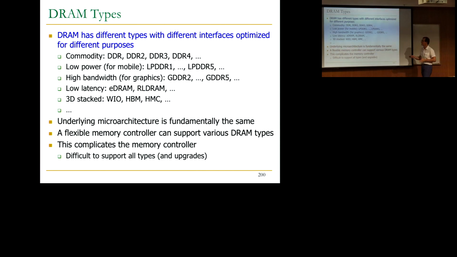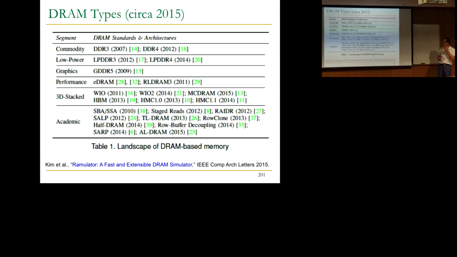Well, it may not work out because first of all, your analog interface doesn't work well with that, or doesn't work at all. Even if your analog interface somehow magically works, your memory controller may not be designed for that particular technology. So there are a lot of issues here. How to design a very flexible memory controller that could work with all technologies is a good dream. It's not clear if it's a realizable dream at low cost.